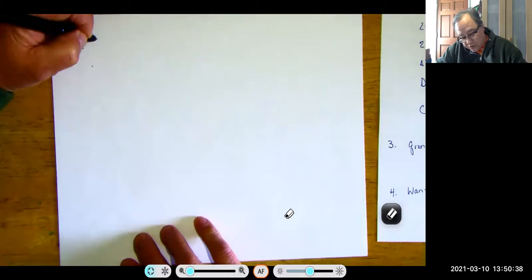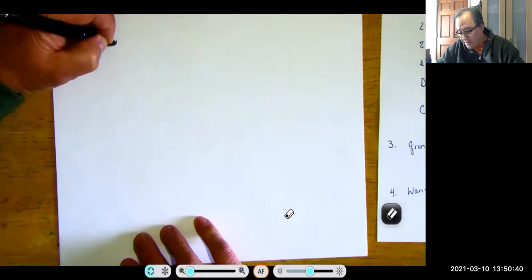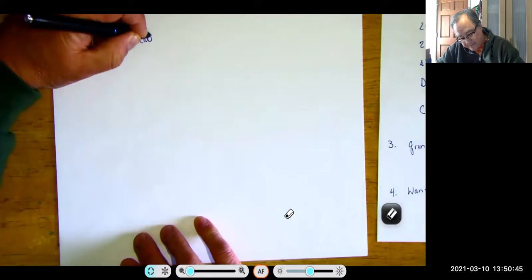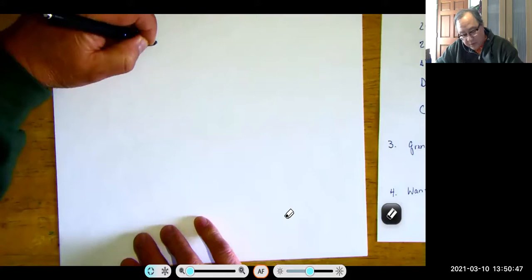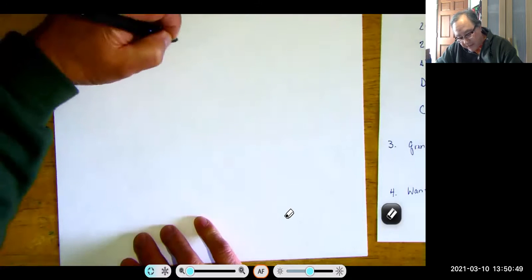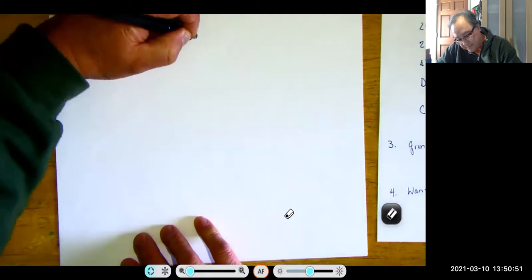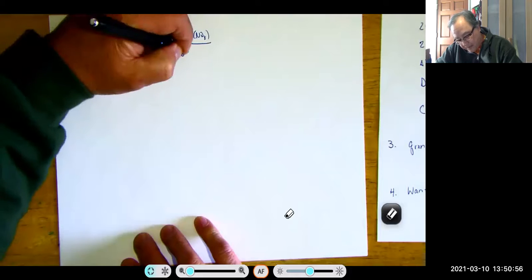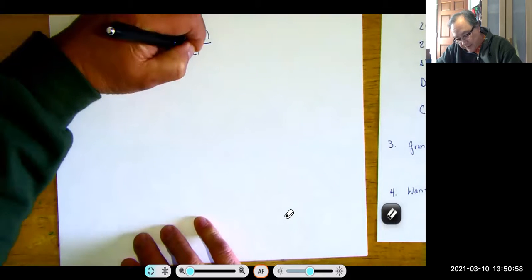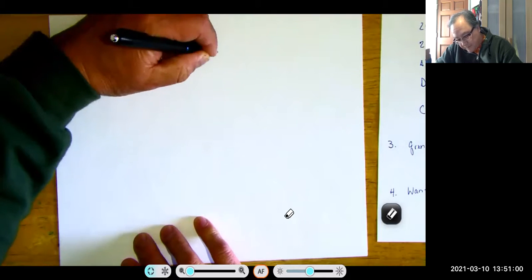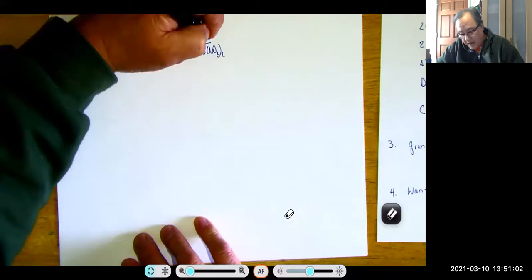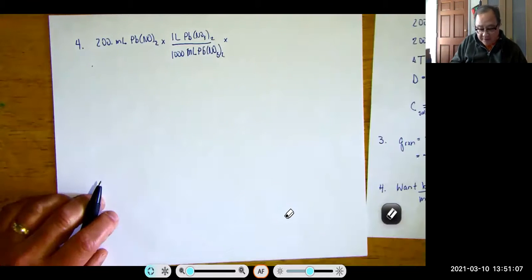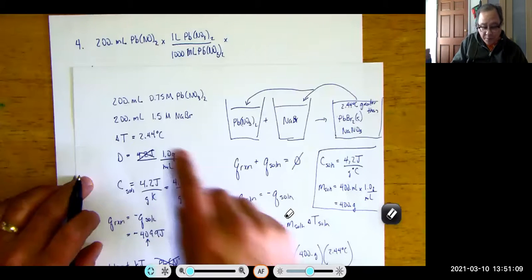We can take our 200 milliliters of lead nitrate, multiply that by 1 liter of lead nitrate per 1,000 milliliters of lead nitrate. Now, the reason I'm doing this is because I want to use the molarity of the solution. The molarity of the solution is moles per liter.